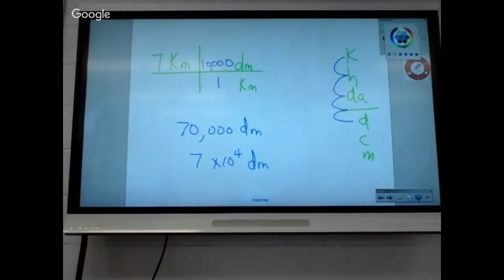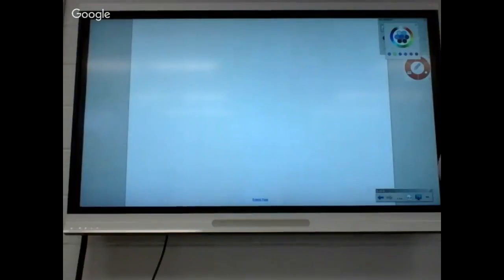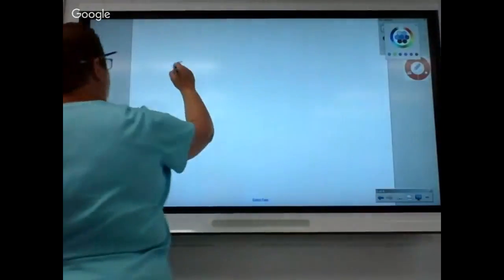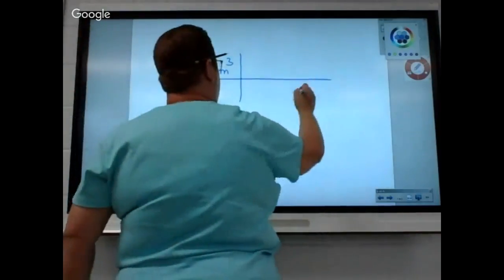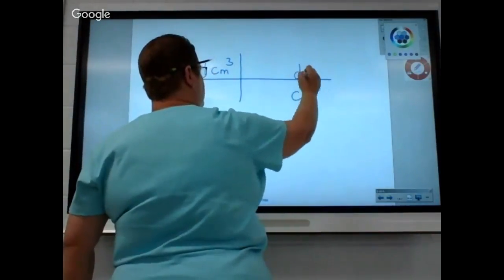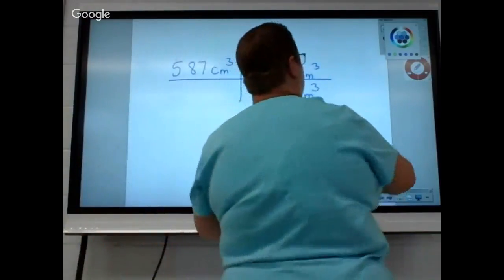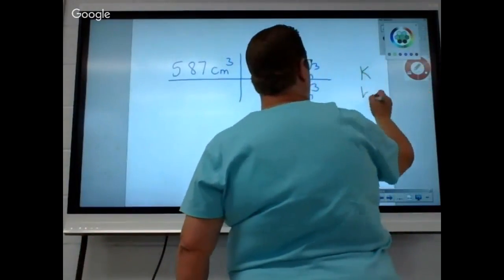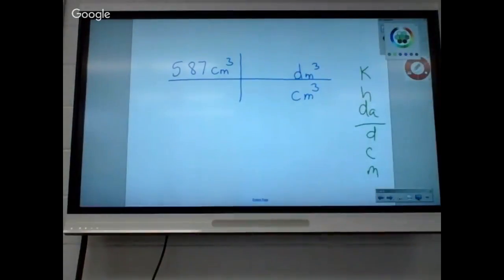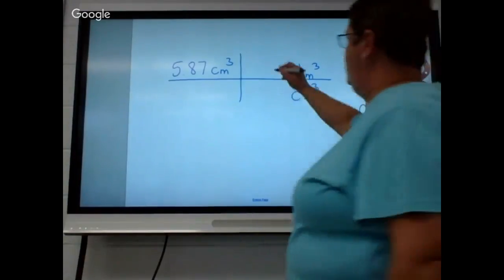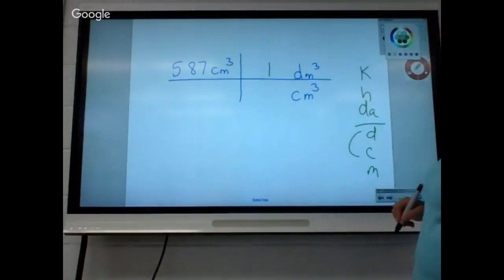Okay. Anybody else? Question? Yes, ma'am. 13. All right. 13 says 5.87 centimeters cubed to decimeters cubed. Okay. Centimeters cubed, decimeters cubed. King Henry died by drinking chocolate milk. All right, who's bigger, a deci or a centi? Okay. So we're going to put 1 next to deci. How many spaces between deci and centi?